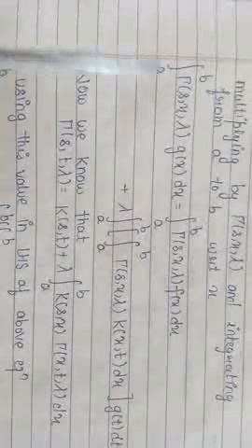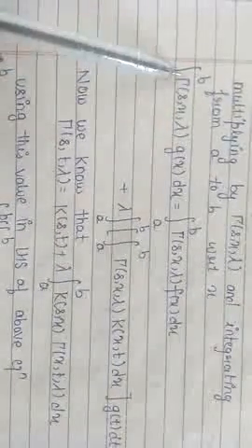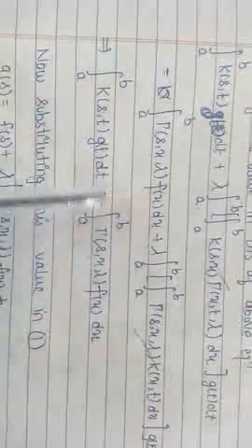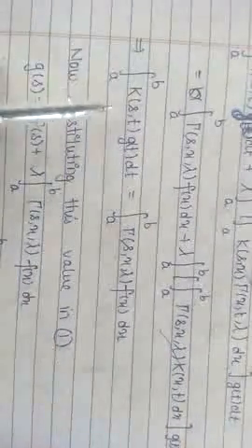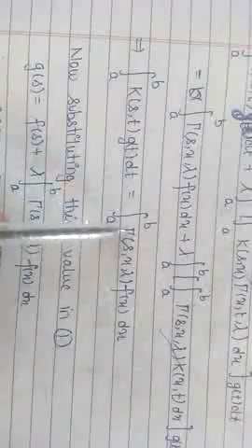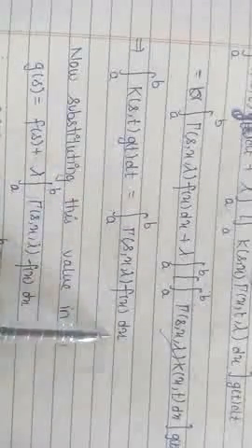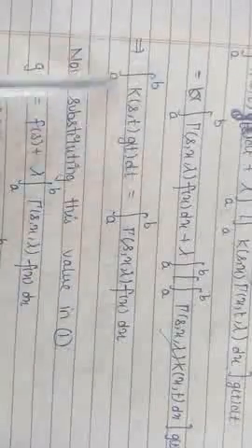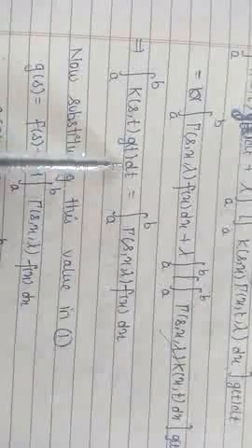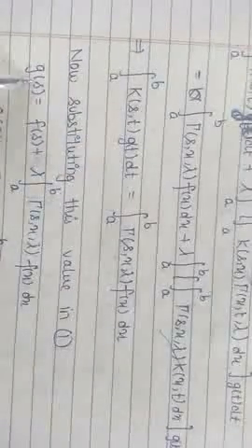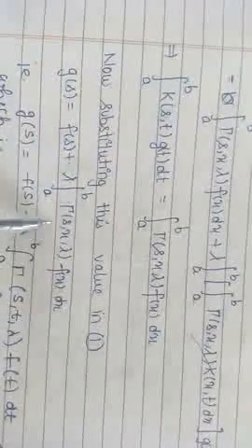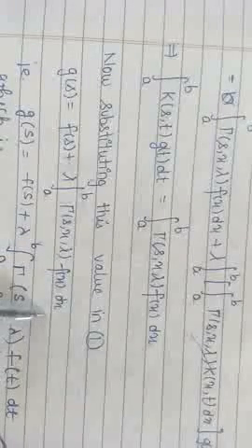If we substitute the value here for this gamma, we get the equation in which these two terms are cancelled out, and we get integral a to b k s t g t dt is equal to integral a to b gamma s x lambda f x dx. Now we can substitute the value of this expression in the given Fredholm integral equation of second kind. After substituting the value there, we get g s is equal to f s plus lambda integral a to b gamma s x lambda f x dx.